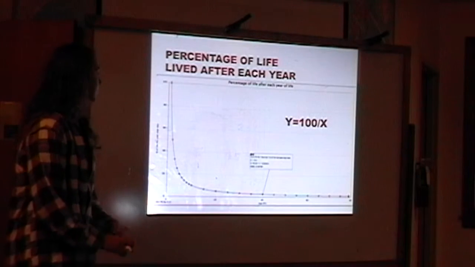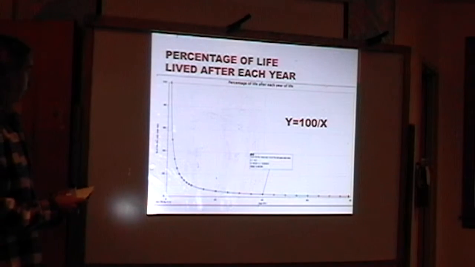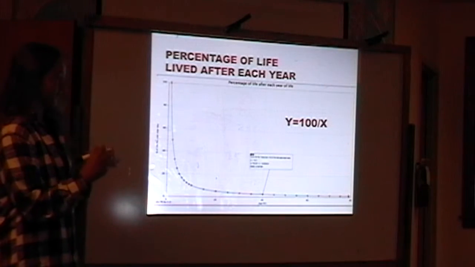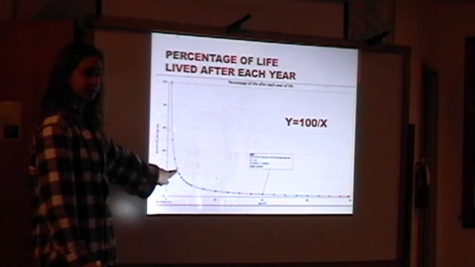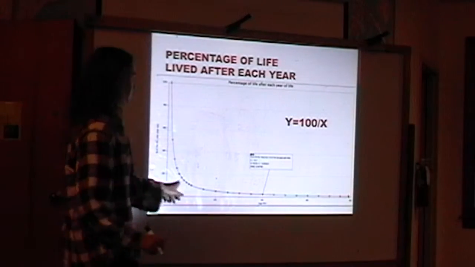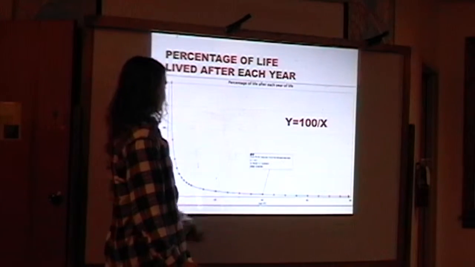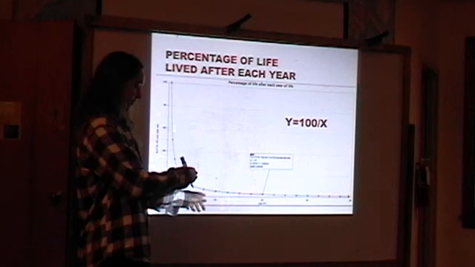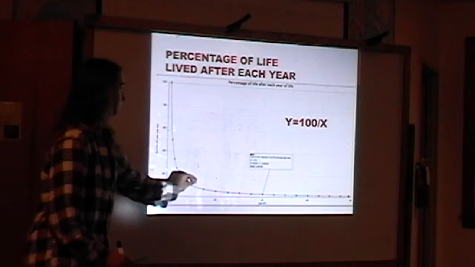So this is the whole graph for y equals 100 over x, and it shows how quickly you start accumulating your years of life, and it starts to level out here. So each year is a smaller and smaller change, really becoming prominent in this area. So rapid doubling and tripling, and these are smaller and smaller proportions.